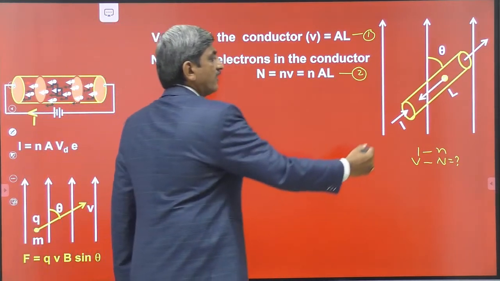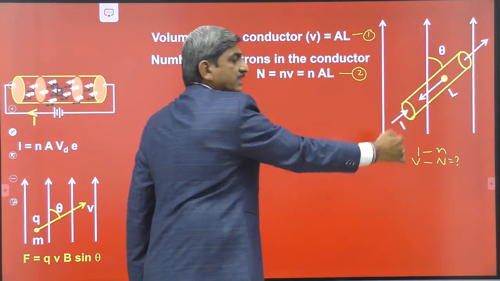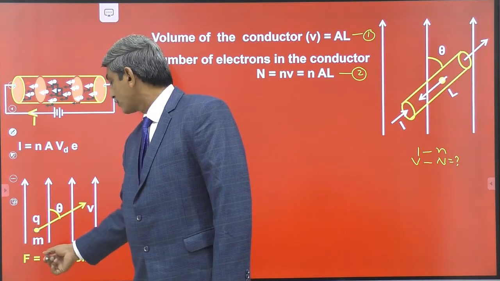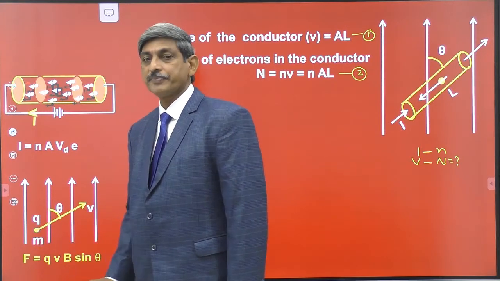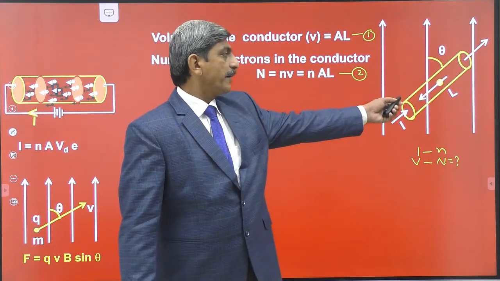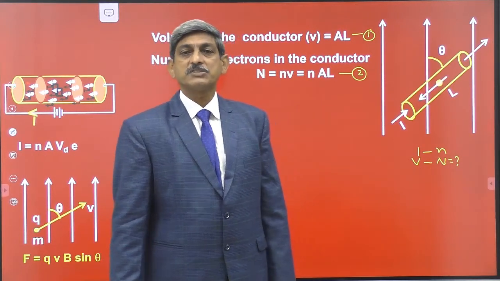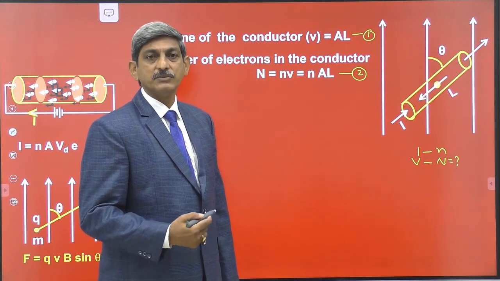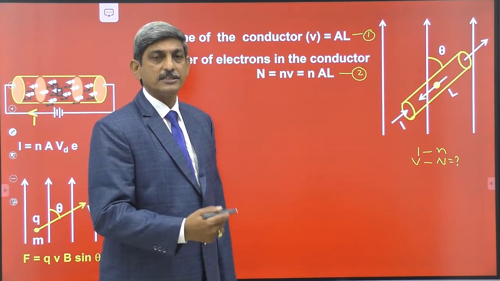Already we know that whenever an electron is moving inside the conductor, some force acts on it according to the formula F = qvB sin theta. Here q is the charge of the particle. In this case, the particle is the electron, so the charge is the charge of the electron, denoted by small e.